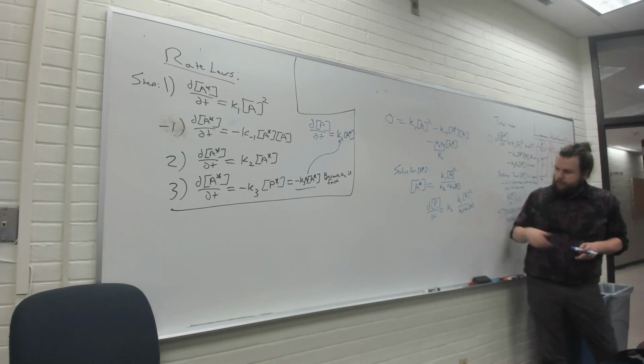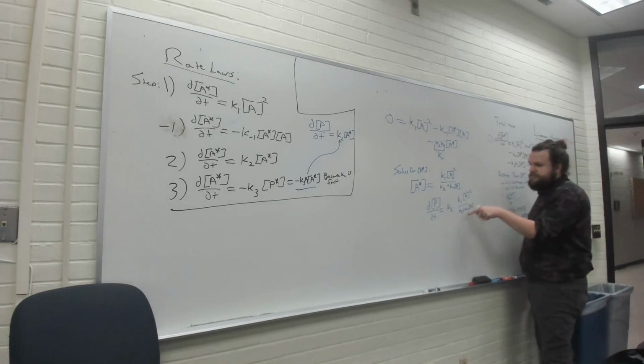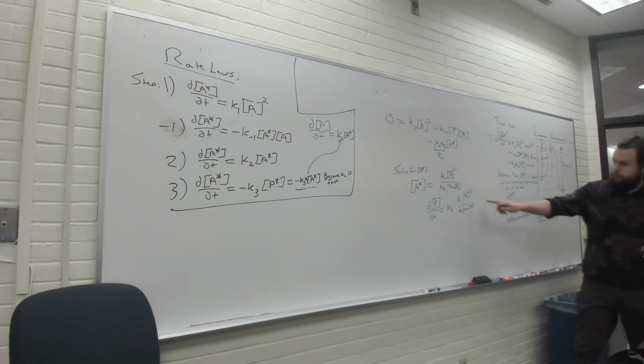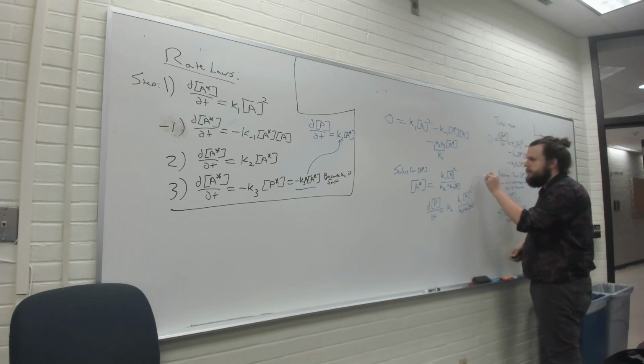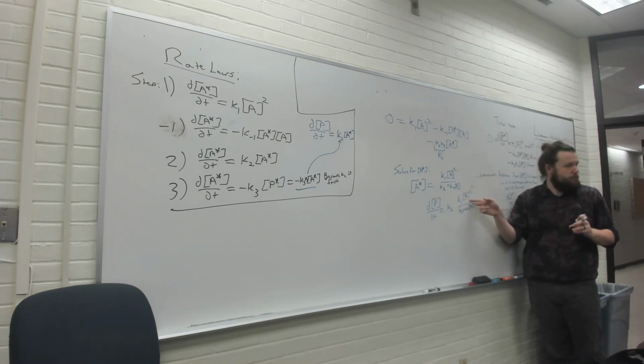Now we can express the formation of our products with respect to our reactants. Let's look at this equation for a second. What we can notice is that this is not first order. It's approximately second order. From first approximation, the rate kind of looks like A squared.